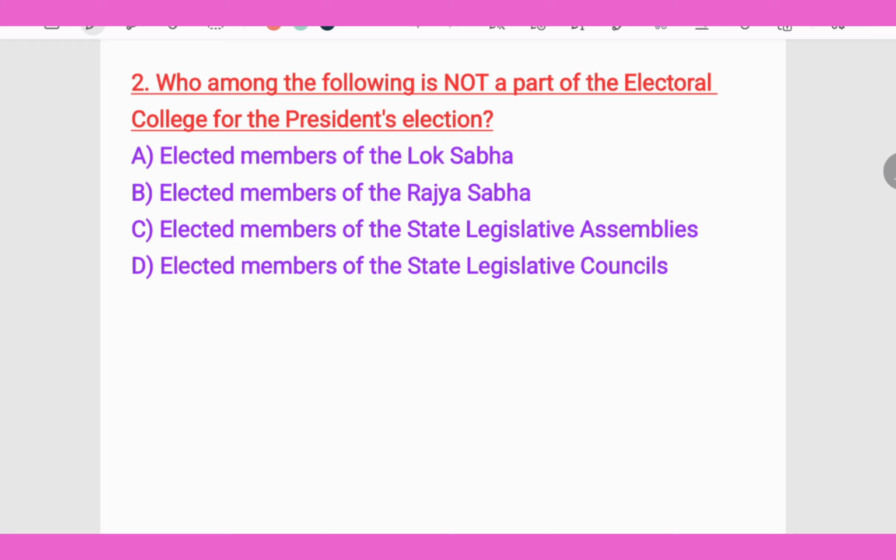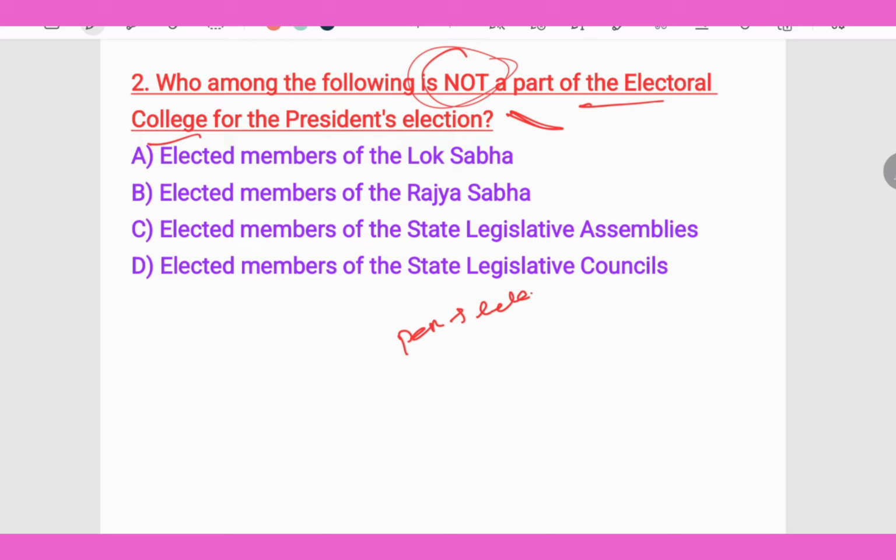Question number 2. Who among the following is not a part of the electoral college for the President election? That means who cannot vote for the President. Earlier I said that the President is elected, not nominated.